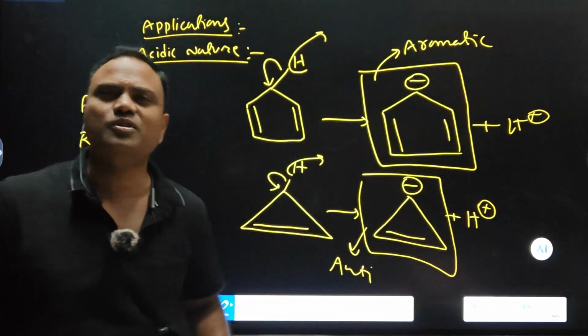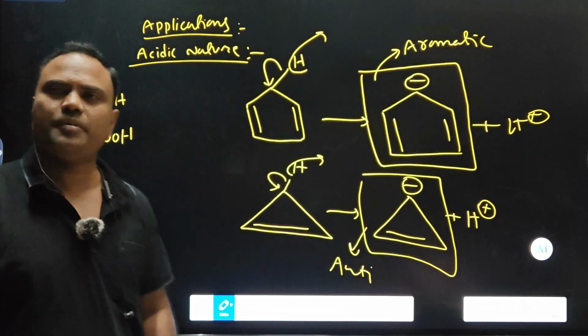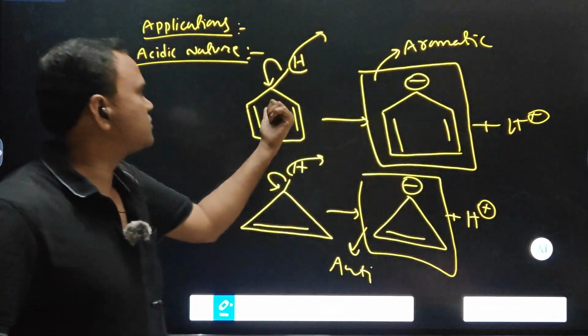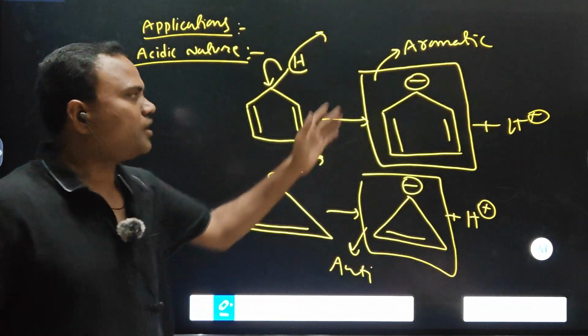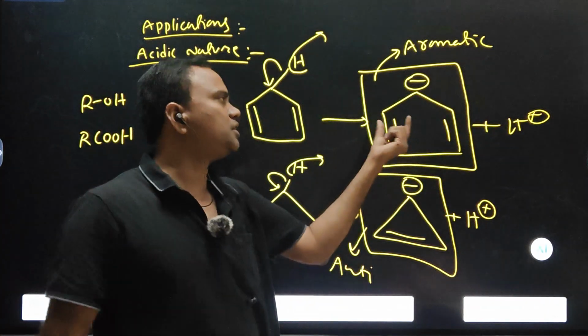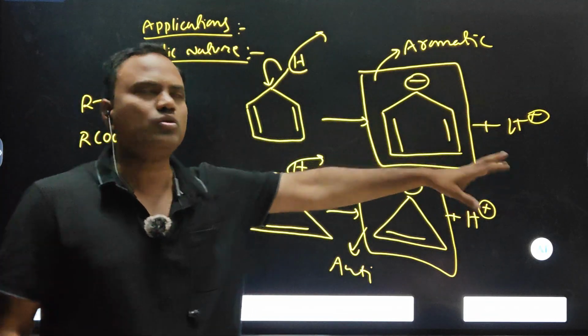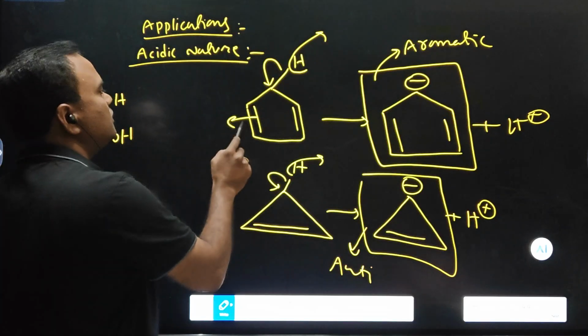But which is more stable, aromatic or anti-aromatic? What is the stability order? Aromatic is more stable. So loss of H plus from this compound is feasible. Why? After losing, it is converting into stable aromatic. Conjugate base is aromatic, so loss of H plus is very easy. So this compound acts as acid.